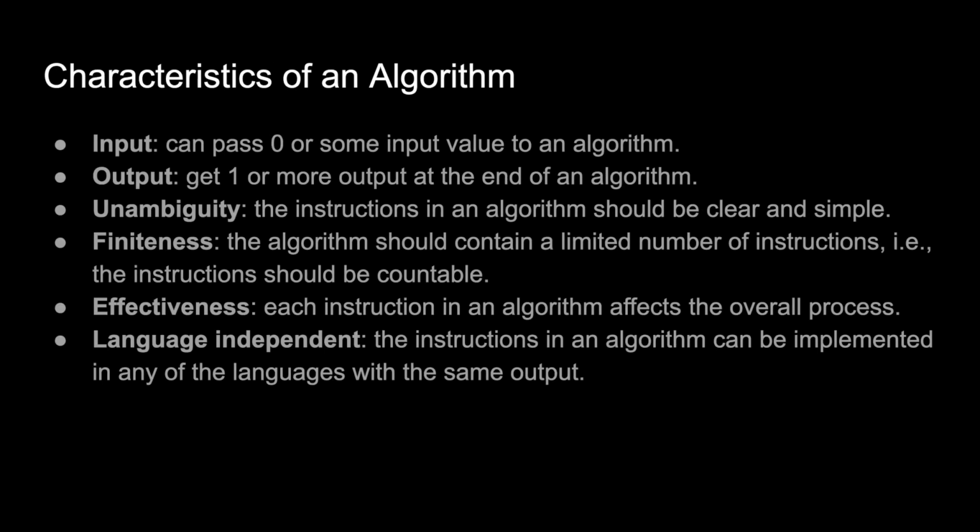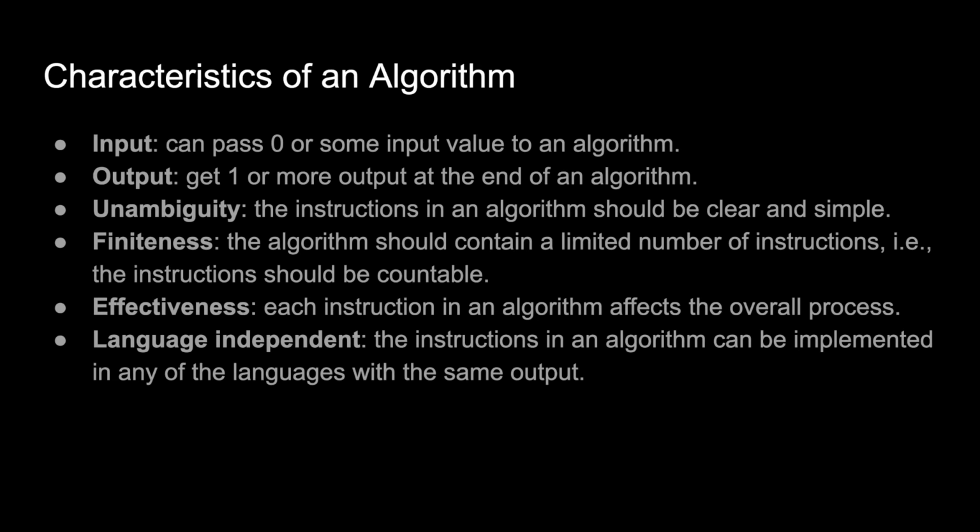Now, what are the characteristics of an algorithm? There are different characteristics of an algorithm, and there are 5 given over here. There is an input. That means we can pass 0 or more input values to an algorithm. There is an output, where we should get at least one or more outputs at the end of an algorithm.